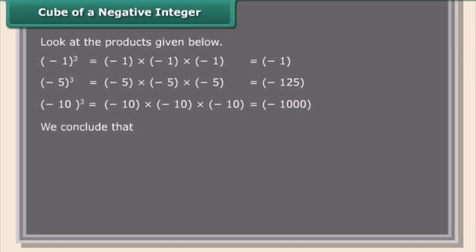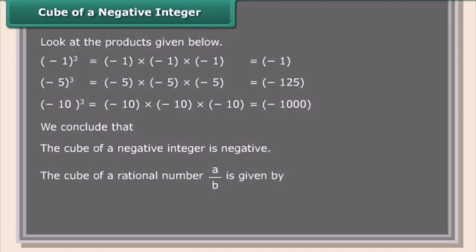We conclude that the cube of a negative integer is a negative. The cube of a rational number a upon b is given by a upon b cube is equal to a cube upon b cube.